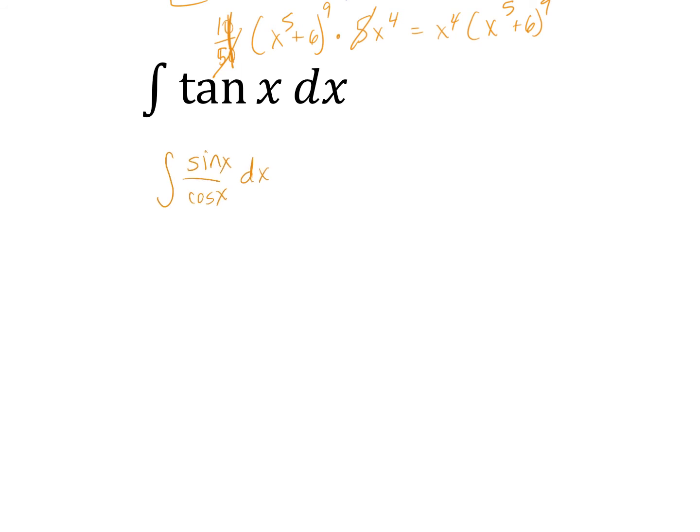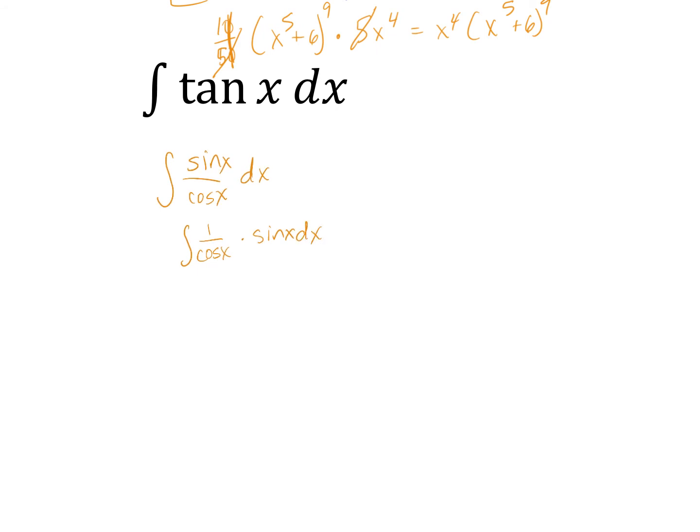That's what I would do first. Then what would you guys do? Sine x times 1 over cosine x. Would that help you? If we wanted to, I'm going to maybe write that in the other order. 1 over cosine x times the sine of x. Only because I know what the next step is, but it's the same idea.